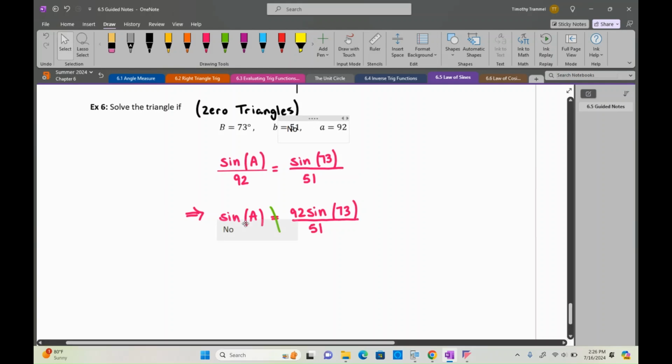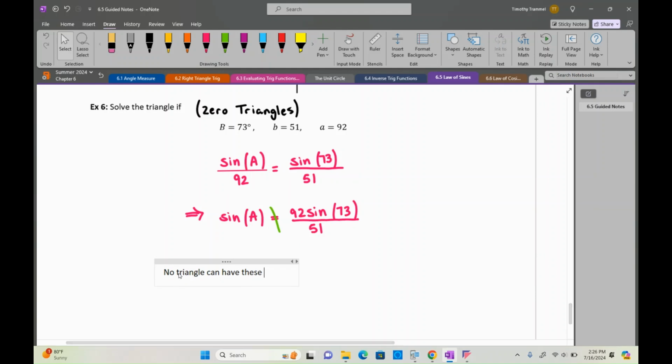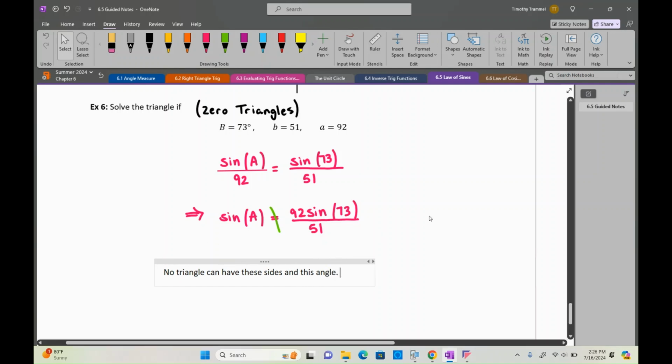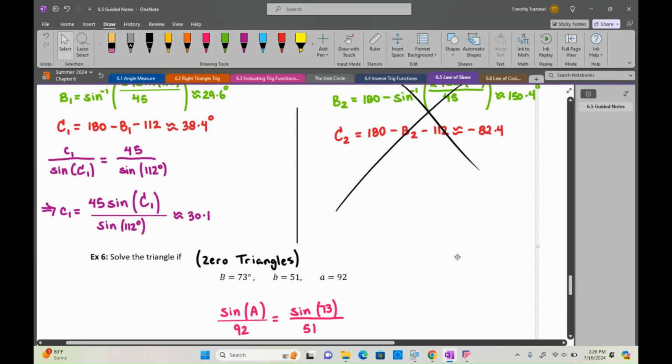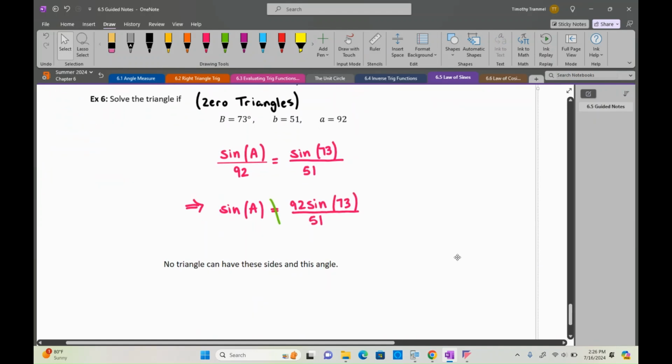Let me scoot this down. All right, and so that actually wraps up 6.5 here on the law of sines.